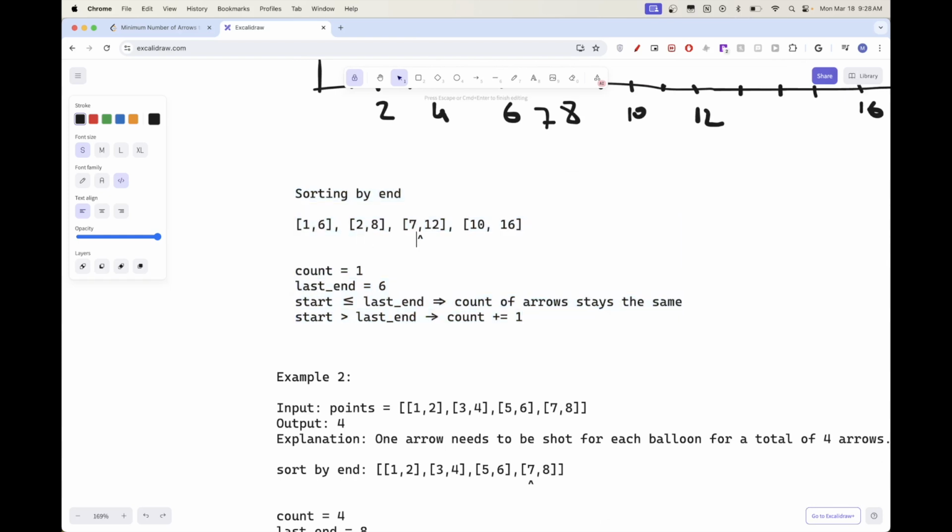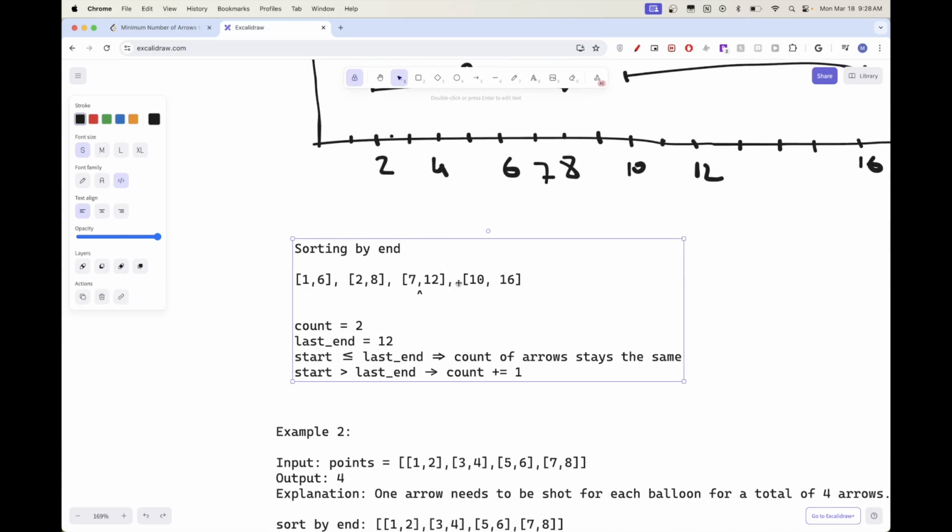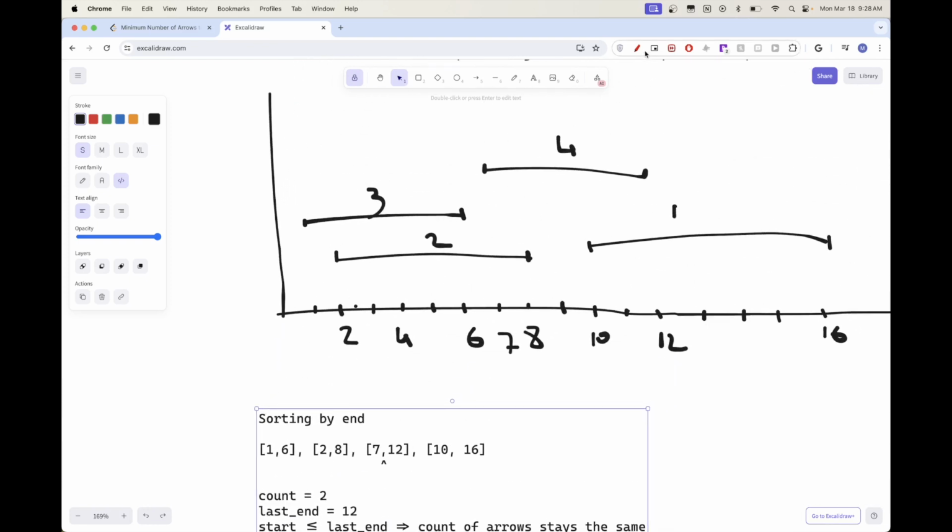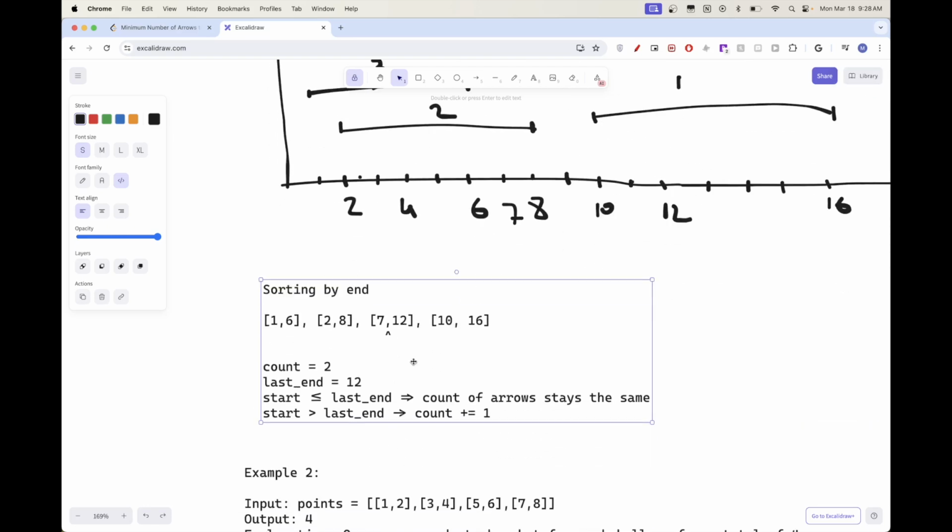And we go to the next one. Okay, so now the next one, the starting position is 7, which is bigger than the last end, which means we need a new arrow, right? And so we need a new arrow here, and the last ending position is 10. Now we have this one, the last ending position is here, so we have an arrow that goes here. Now, when we go to the next one like this, well, 10 is smaller than or equal to 10.